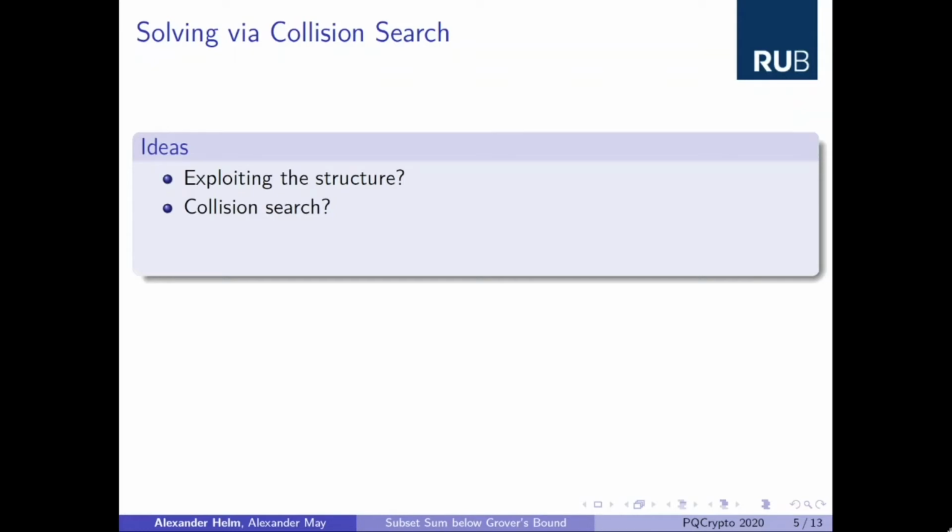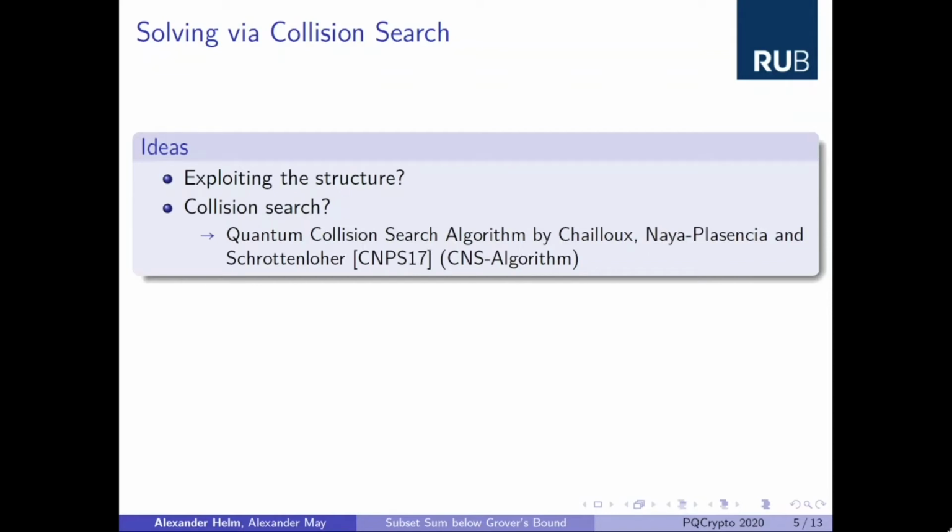Thinking about quantum algorithms for collision search, we took a closer look at the contribution of Chailloux, Naya-Plasencia and Schrottenloher from 2017. They constructed a quantum algorithm for the collision search problem, which fulfills all our conditions by using linearly many qubits and not working with QRAM. In the further course, we will call this algorithm the CNS algorithm.